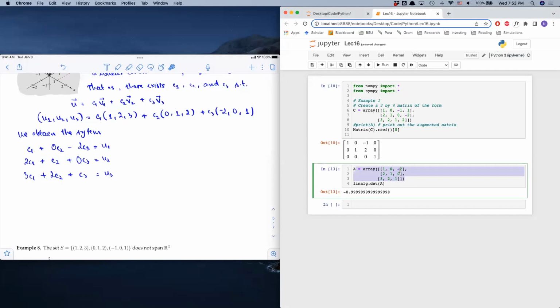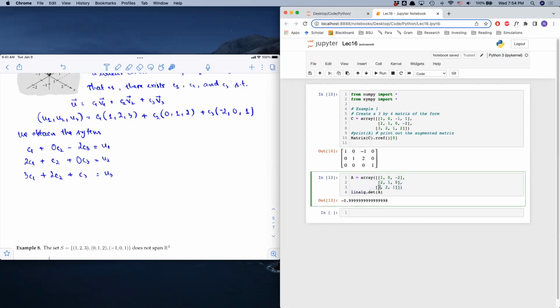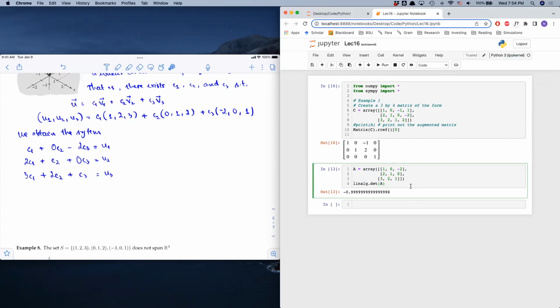The command to calculate the determinant of a matrix is linalg.det of A. Linalg stands for linear algebra. We're using the linear algebra package in Python to calculate the determinant of the matrix A. Then shift enter. So this is almost equal to -1, which is different from 0.